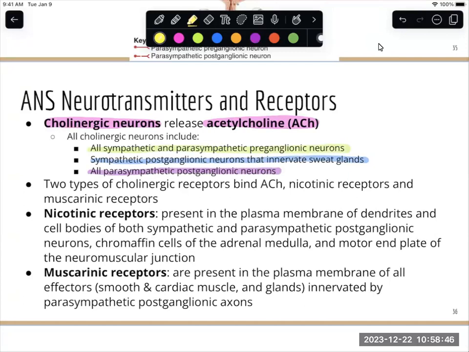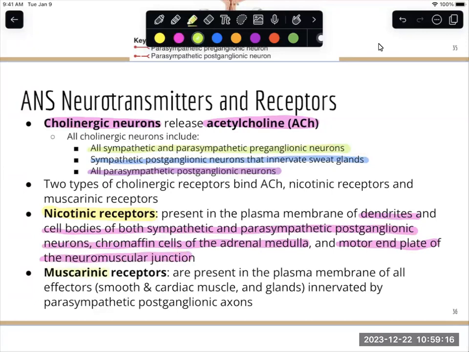We have nicotinic receptors. These are at the plasma membrane of dendrites and cell bodies of sympathetic and parasympathetic postganglionic neurons, chromaffin cells in the adrenal medulla, and the motor end plate of the neuromuscular junction are nicotinic.